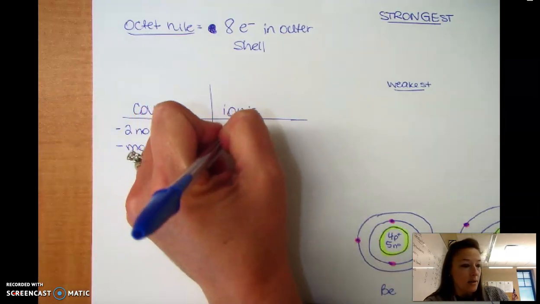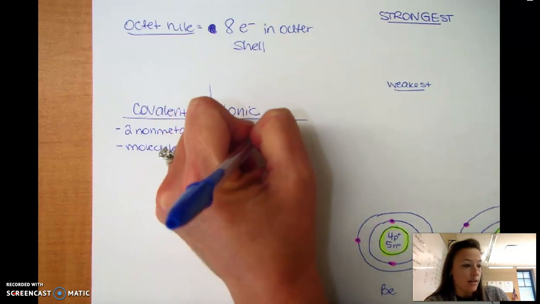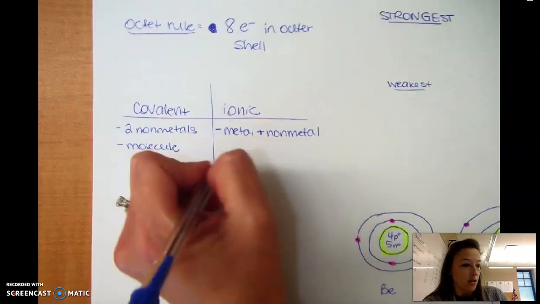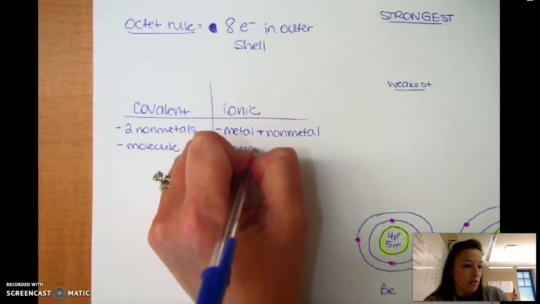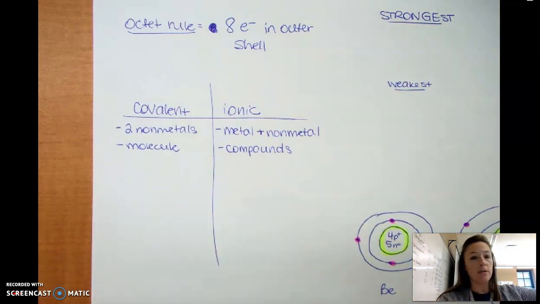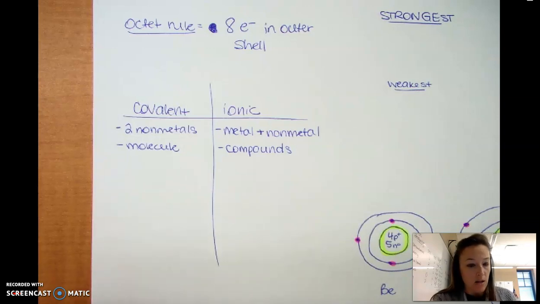Whereas ionic is going to be a metal plus a nonmetal, and we tend to call those compounds. So if you hear somebody talk about a molecule, they're probably talking about a covalently bonded molecule. If you hear them talk about a compound, it's probably something that has ions that are bonded together.